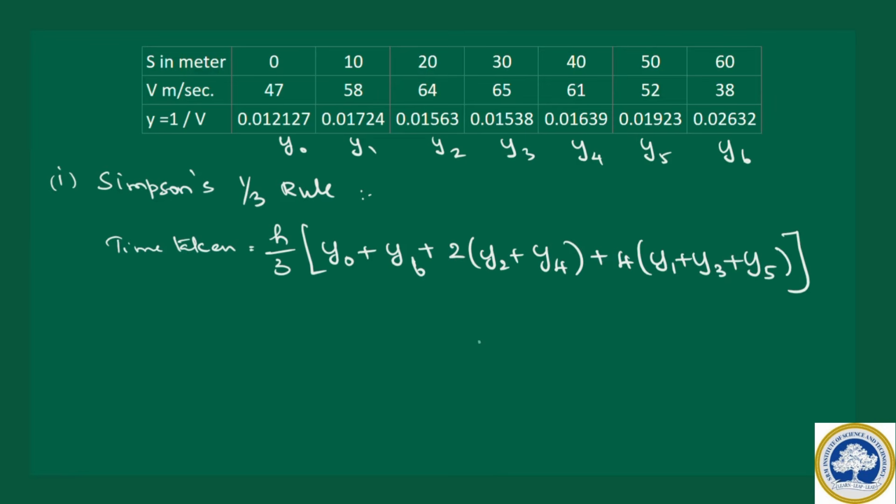So this is the formula by Simpson's 1/3 rule.